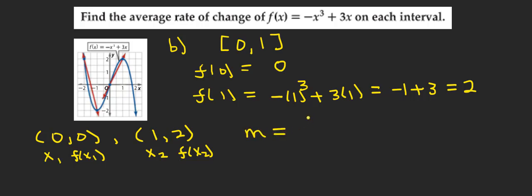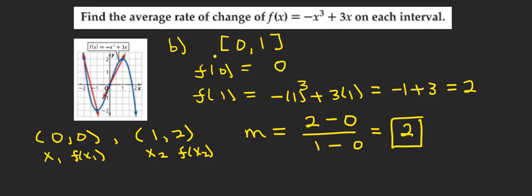That's going to be 2 minus 0 over 1 minus 0, which is going to be 2. So the average rate of change of this function on the interval from 0 to 1 is 2.